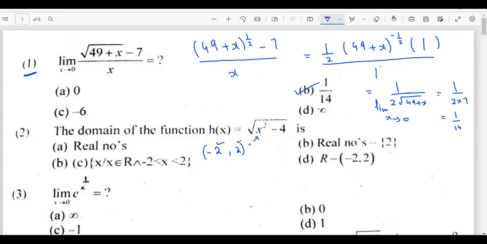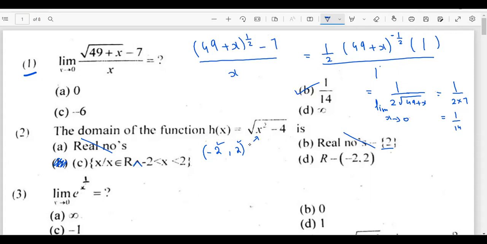Now, how to choose such options? It cannot have all the real numbers. We need to exclude a few values. Real numbers minus 2, no, 2 would work. So this is not the answer. Let's talk about C. This is wrong. How to understand this set? It says x such that x belongs to R and it is greater than -2 and less than 2.